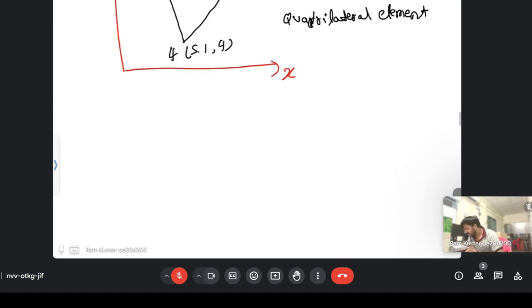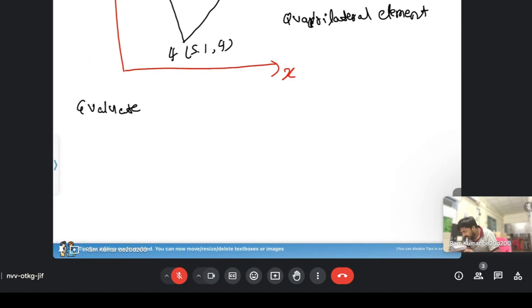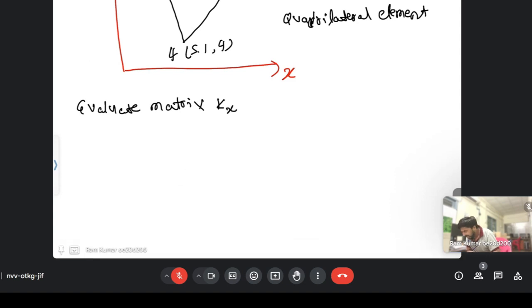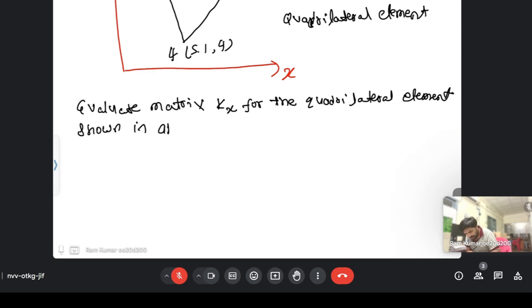So now you have to evaluate the stiffness matrix kx for the quadrilateral element shown in your figure.